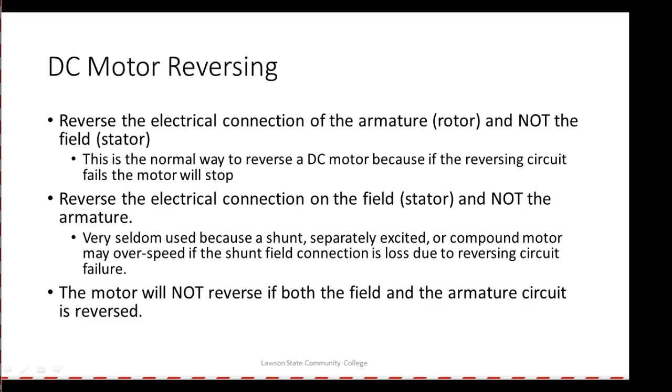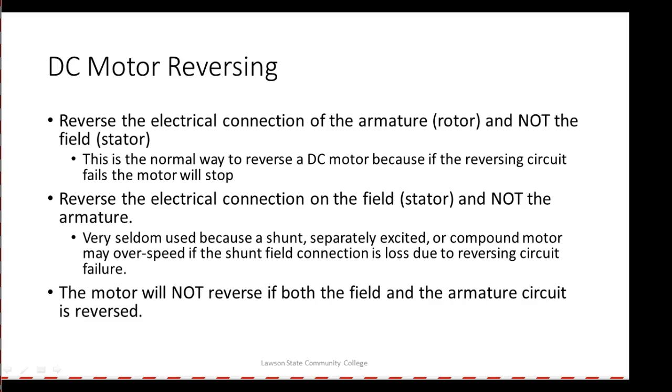So DC reversing, we got two reversers over there. Reverse the electrical connection of the armature, not the field. This is the normal way we reverse a DC motor because if the field circuit fails, the motor might not stop if it's a shunt motor. Reverse armature connection. What really gets people confused is that if you reverse both of them, the motor don't change direction.